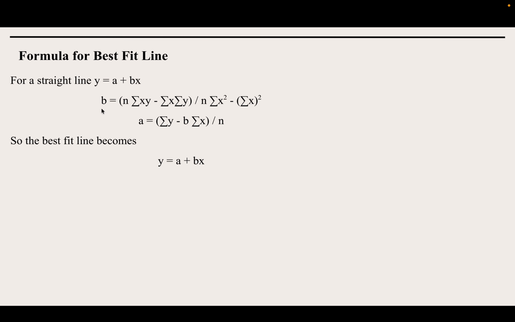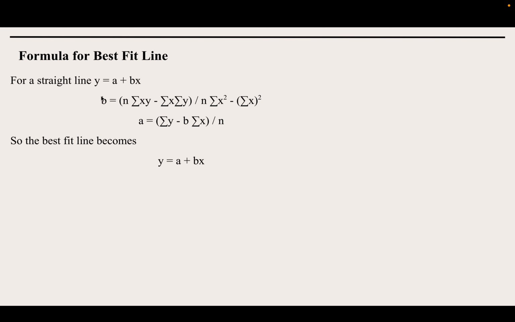The formula for b is n times summation of xy minus summation of x times summation of y, divided by n times summation of x square minus the summation of x whole square. Once we have the b value, it is very simple to find the a value, which is summation of y minus b times summation of x, divided by n.